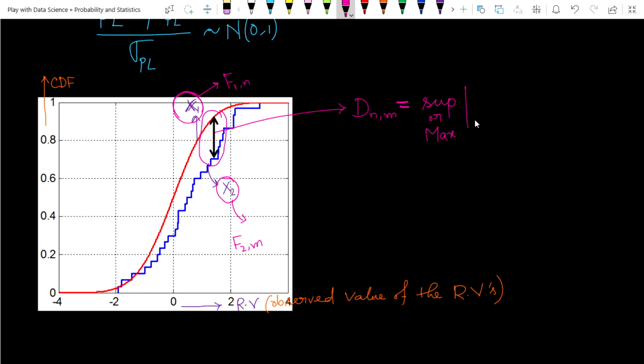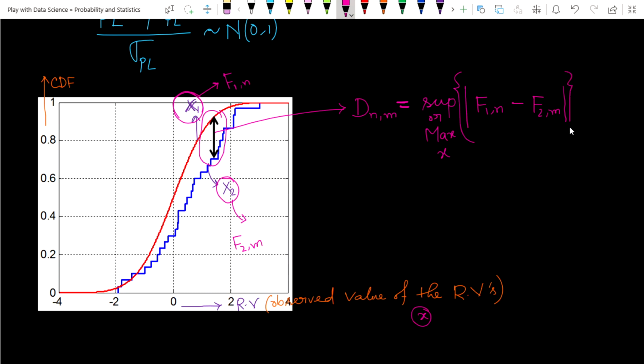The difference of the CDFs is F1,n minus F2,m. We find these differences for all observed values x.